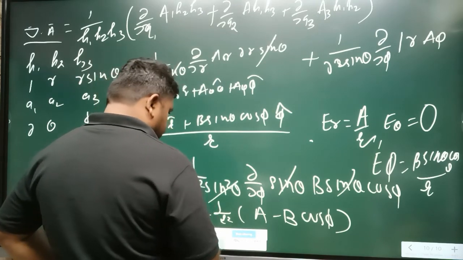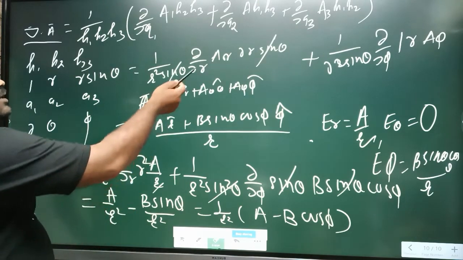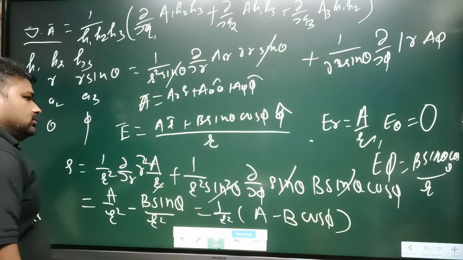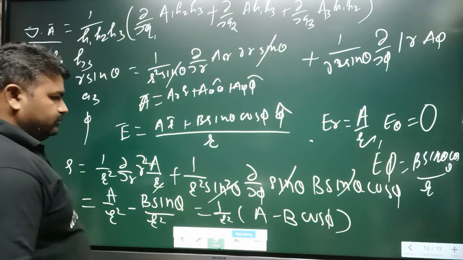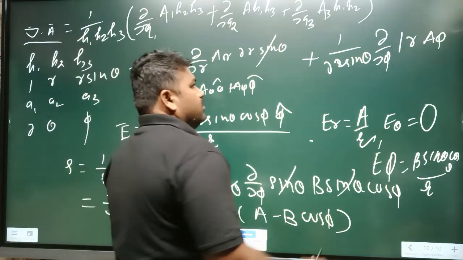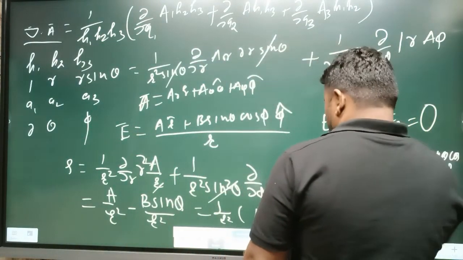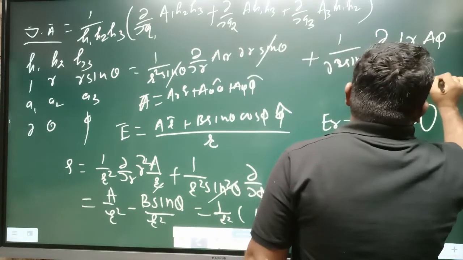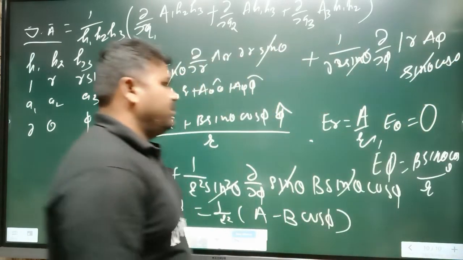सर थीटा का कंपोनेंट क्वेश्चन में नहीं पूछे, इसलिए हमने नोट डाउन नहीं किया होगा। हमें ये प्रॉब्लम लेना था, इसलिए हमने फर्स्ट और लास्ट ले लिया। Got it? Means here, what is the A phi value? Sin theta cos phi. Okay. And this sin phi, sin theta get cancel.